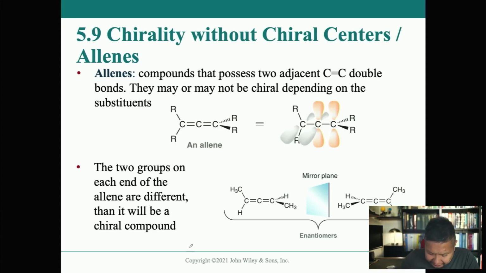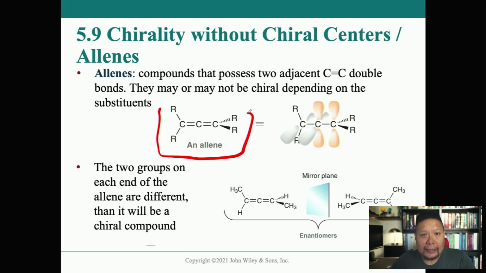There's allene now. This is allene right here. Compounds that possess two adjacent carbon double bonds may or may not be chiral depending on the substituents. If the two groups off of each allene carbon are different, then they are definitely chiral.